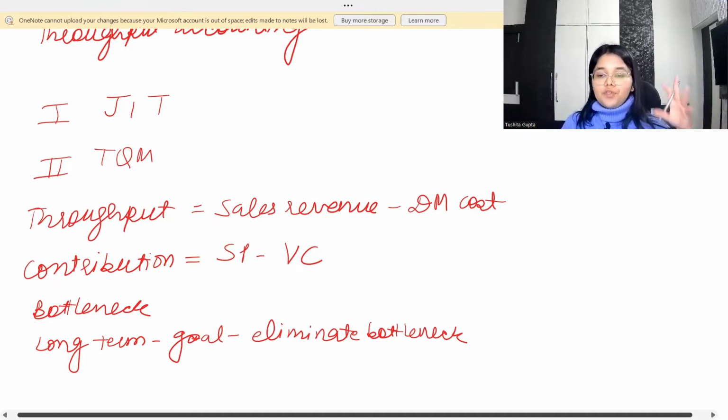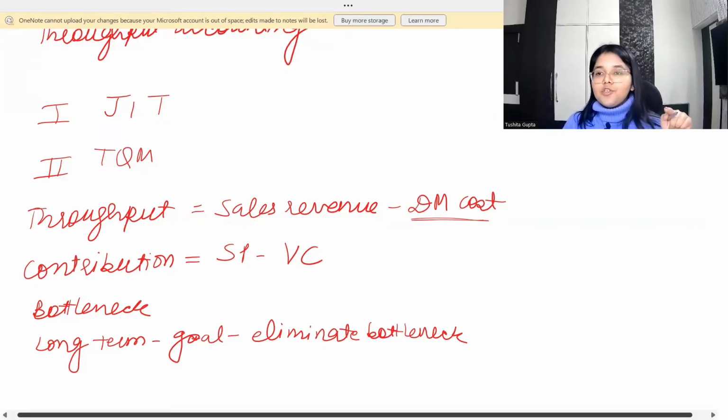So the assumptions of throughput accounting are, number one, the only totally variable cost in the short term is the purchase cost of raw materials that are bought from external suppliers. That is why, to find out the throughput, we only subtract the direct material, because throughput accounting assumes that the only totally variable cost in the short term is the direct material cost. This is the first assumption.